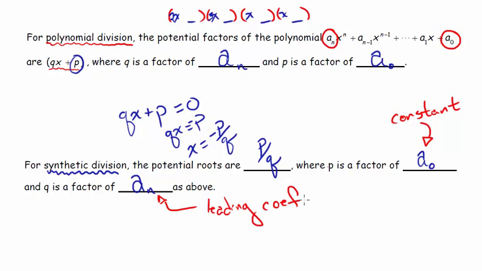Again, I didn't worry about that negative because the factors here could either be positive or negative, divided by factors which are either positive or negative.